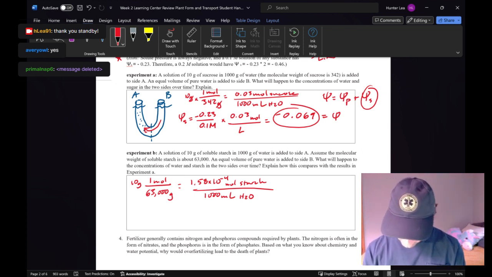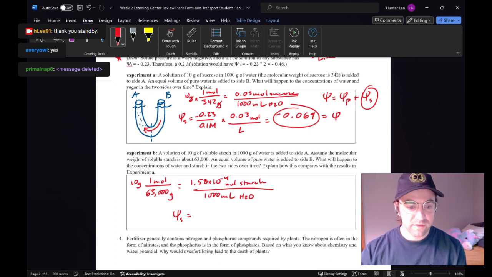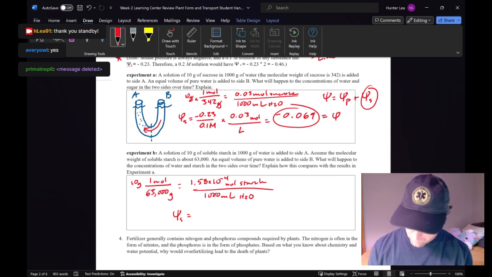So far, so good. And our solute potential, therefore, equals, we'll round this to 1.6 in our actual formula.